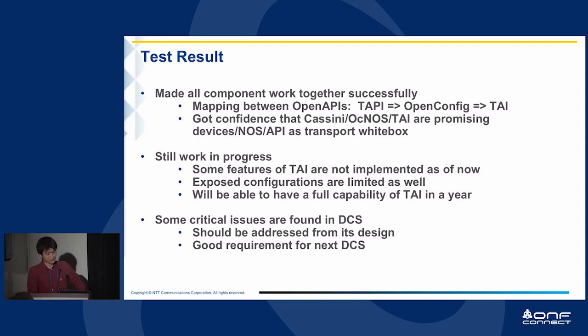But as of now, both the DSP chip of the Cassini and ONOS are not matured and are still work in progress. They are trying to implement missing features to support the full capability of the transport abstraction interface and expose other parameters, like the optical media layer, to the northbound interface and the northbound SDN controller.